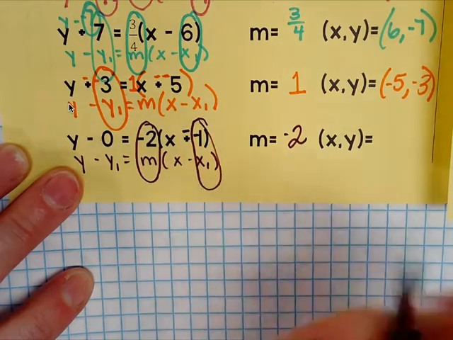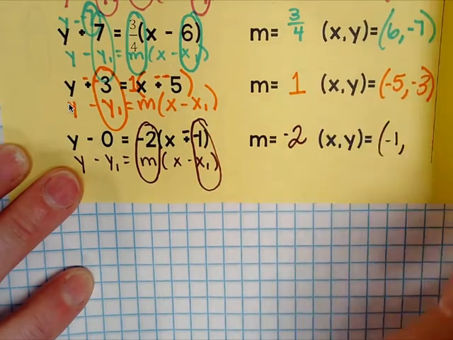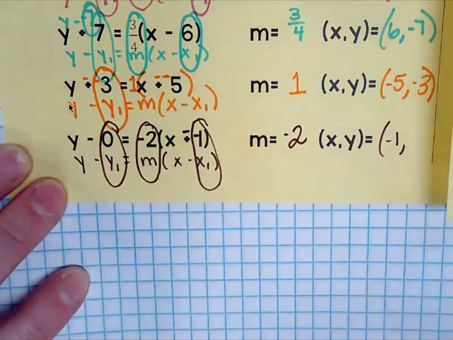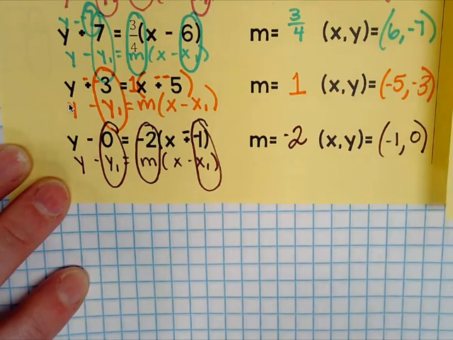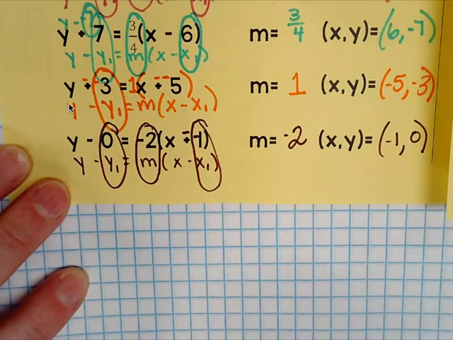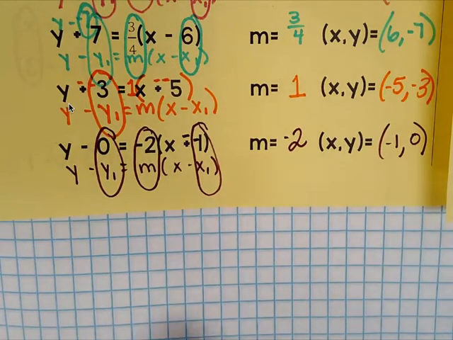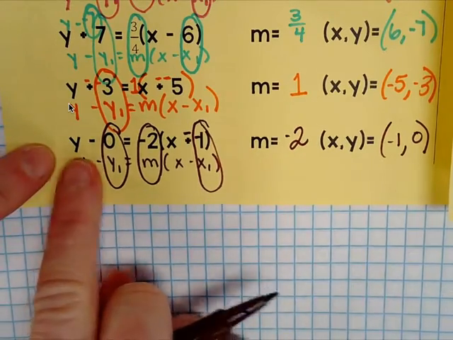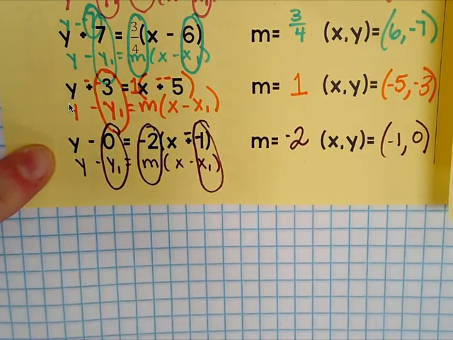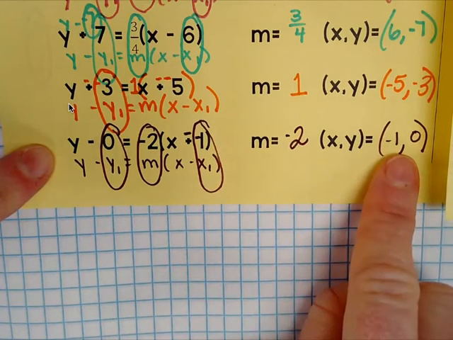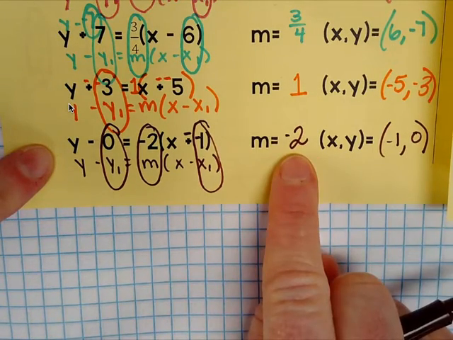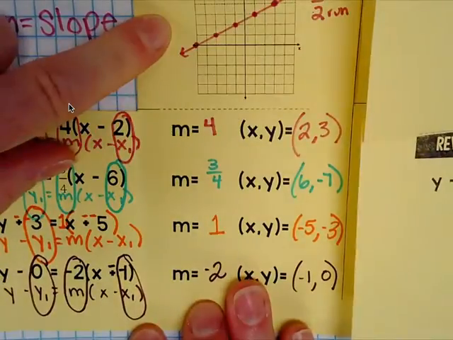So that means x1 is a negative 1. y1 is 0. I've seen on the EOC how they give the equation in this form and they say graph it. So an easy way to graph it is to find your point, x1, y1, and your slope, and graph it like we just did up here.